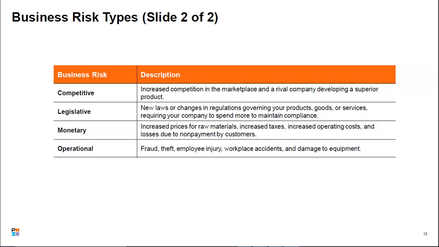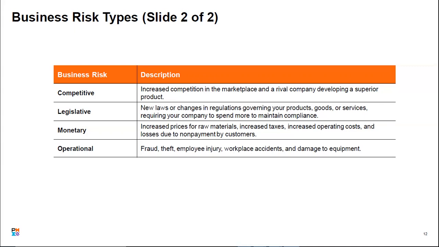You also have legislative business risk. When new laws or changes in regulations governing your product, goods, or services require your company to spend more to maintain compliance, you know when such a law happens, it comes at a cost. And when you have to pay more to comply, that means there is an element of risk involved, especially when you've not planned for it initially when originating your project.